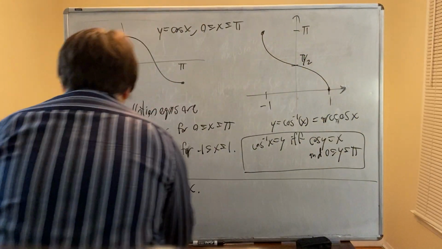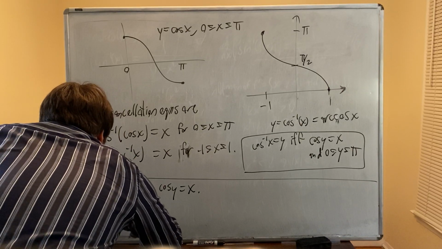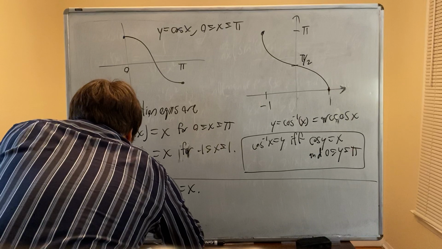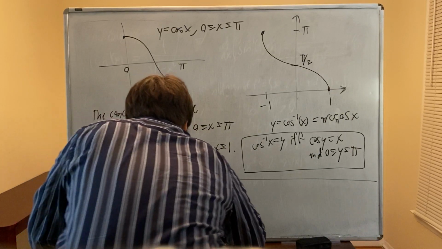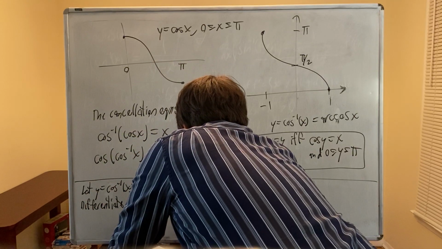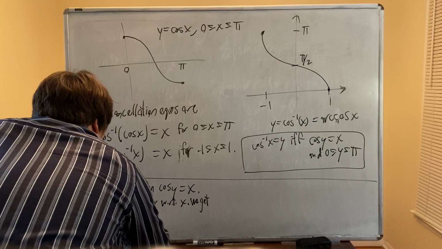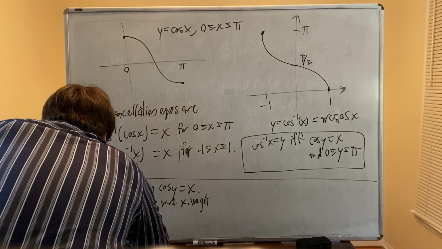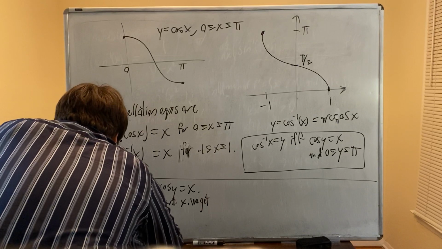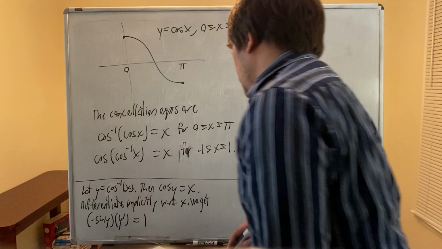Now differentiate implicitly with respect to x. We get that the derivative of cosine y with respect to x is negative sine y times y prime, which is equal to the derivative of x, which is 1.